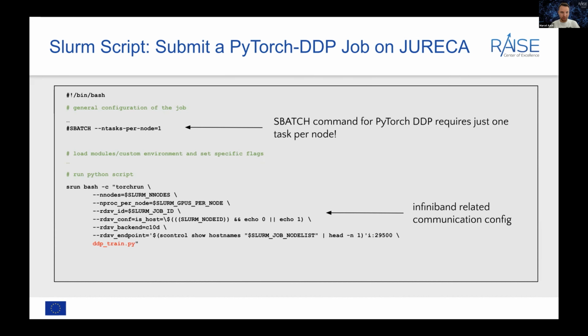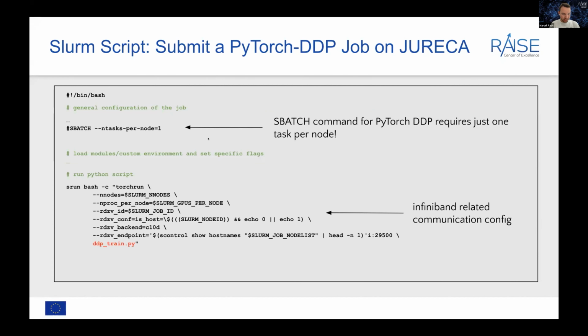So ntasks-per-node needs to be 1. Then again, you need to load the modules, which, as PyTorch is installed on Eureka, is pretty straightforward. And then in the end, we need to run this big command to launch our distributed training.